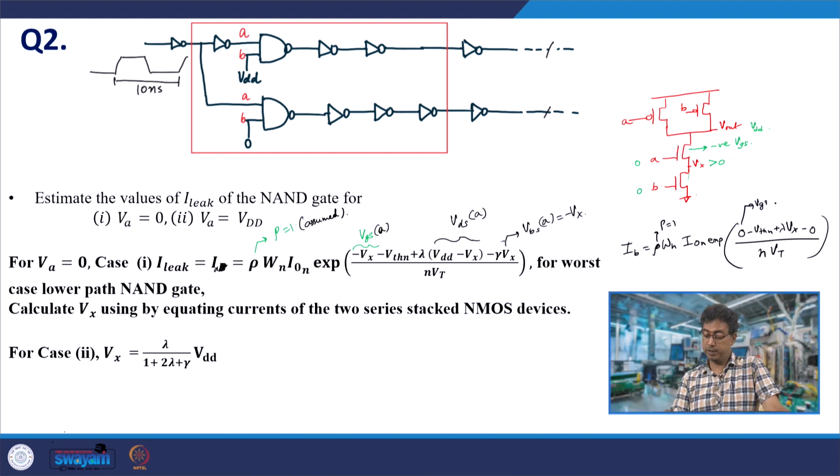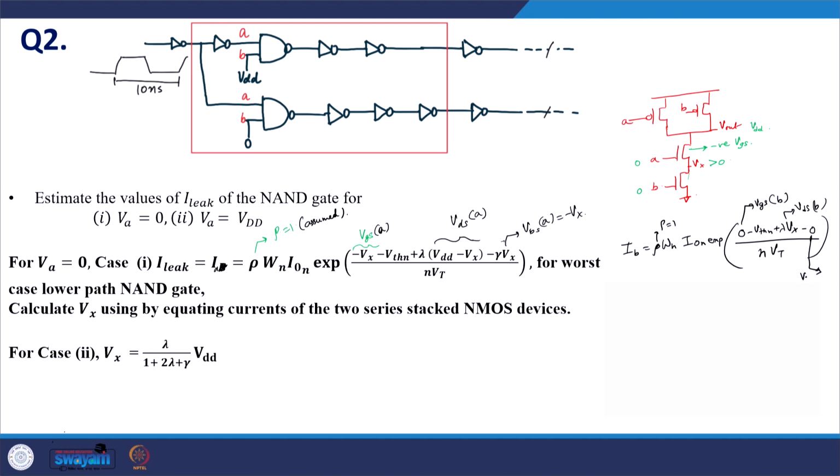This is VGS of transistor A, B, VDS of transistor B. This is VBS of transistor B.